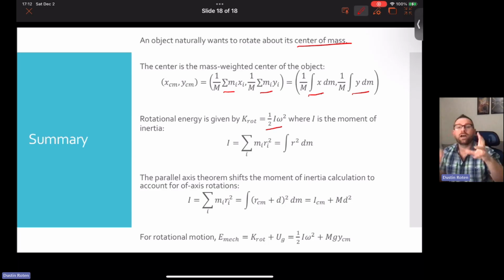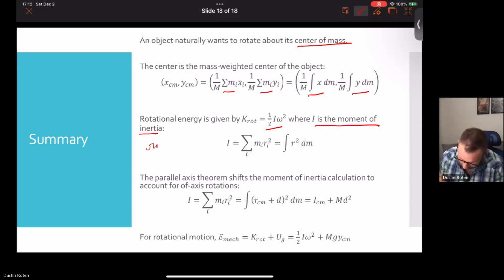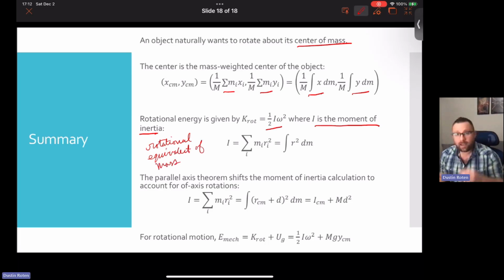That's how we calculate just the rotational component of this energy. I is the moment of inertia, which is the rotational equivalent of mass. And we can actually calculate that with this integral here, just the integral of r squared dm.